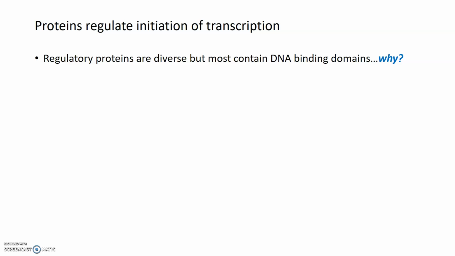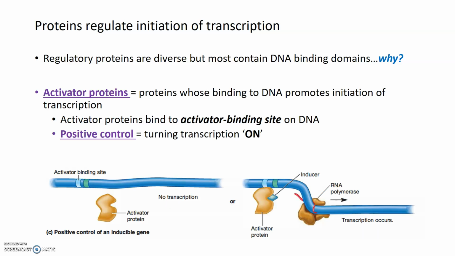Transcription is the process of taking DNA and converting it into RNA, and in order for that to happen, certain proteins need to recognize the promoter region before a gene, and that's generally what regulatory proteins in this context do. So in order to bind the promoter, they need to contain a DNA binding domain.